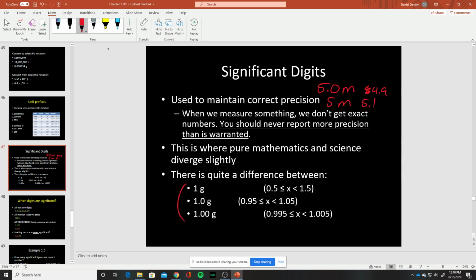This is why we have these different numbers here. Each of these is a different value, even though mathematically they are exactly the same. This is showing that we measured it with more precision, and then this is even more precision. 1.00 grams is saying it is exactly 1 gram to the hundredths of a gram. We measured it with a better tool, essentially.